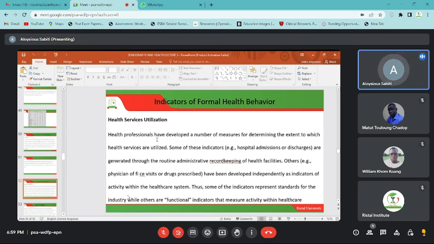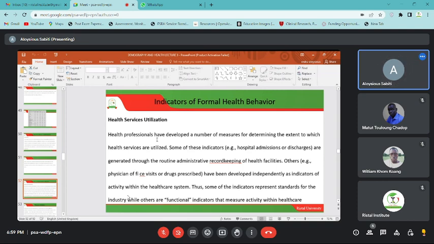How many people have come to the health facility? How many have been discharged? Others include how many physician offices have been visited and how many drugs have been prescribed. All these help to understand what health service utilization is like.